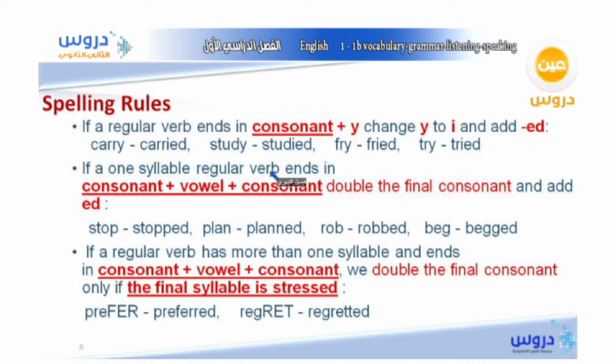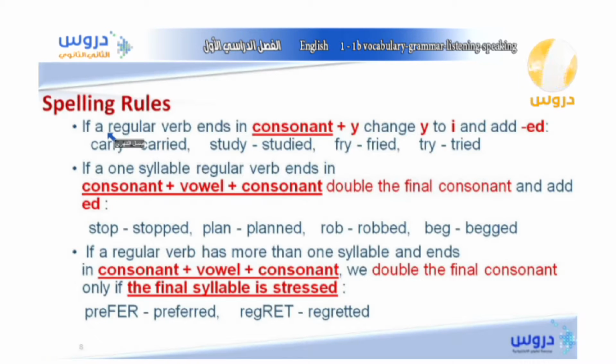The first golden grammar rule is: if the regular verb ends in a consonant plus y, change y to i and add -ed. Now we need an example to make this sure. Carry ends with a consonant, right? This is the consonant.